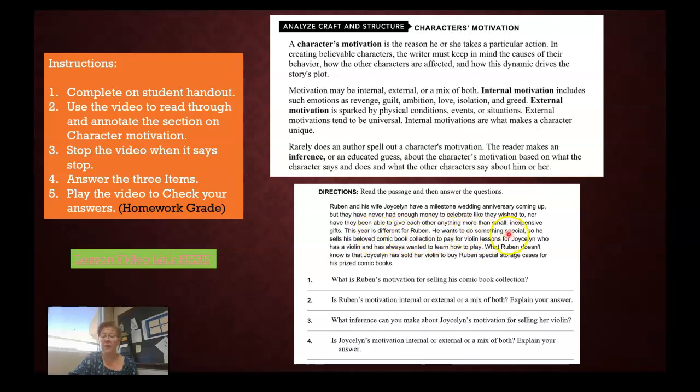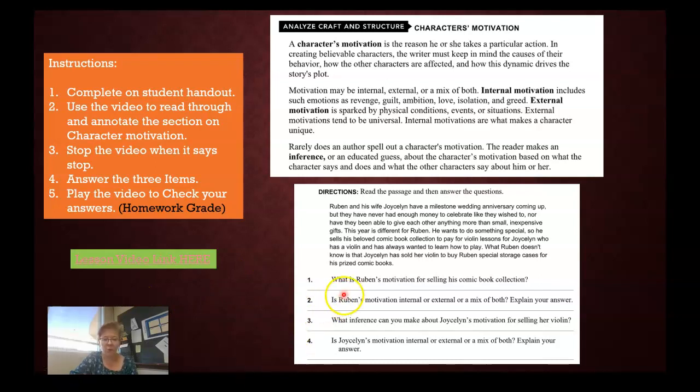He wants to do something special, so he sells his beloved comic book collection to pay for violin lessons for Jocelyn, who has a violin and has always wanted to learn how to play. What Reuben doesn't know is that Jocelyn has sold her violin to buy Reuben special storage cases for his prized comic books.